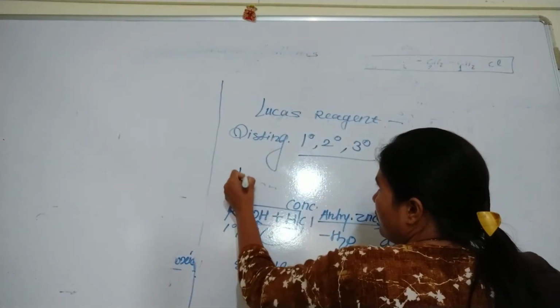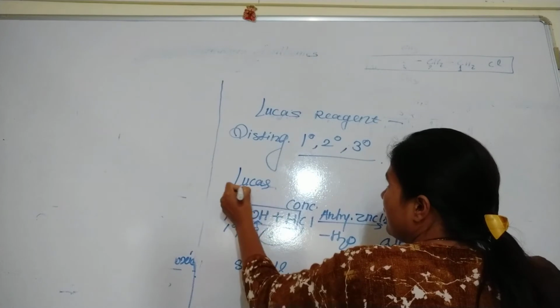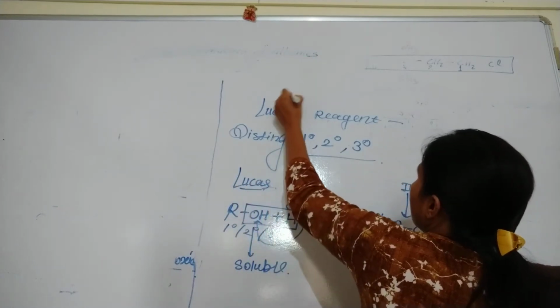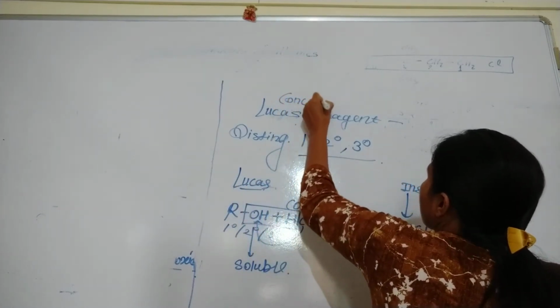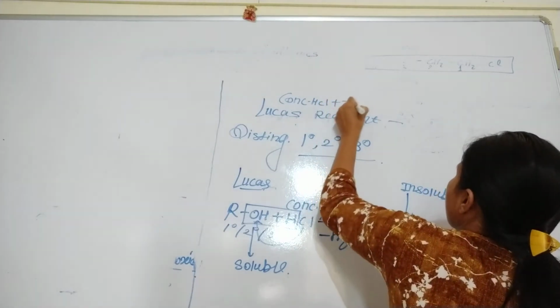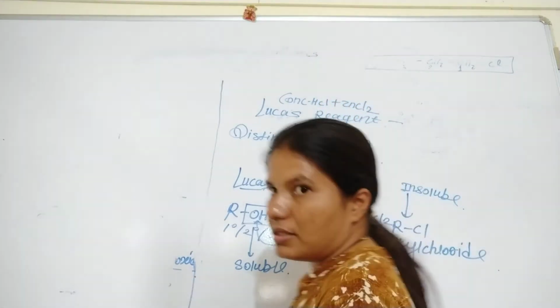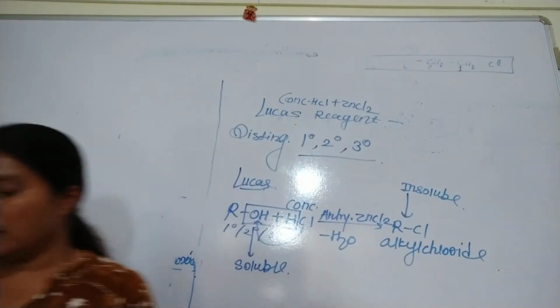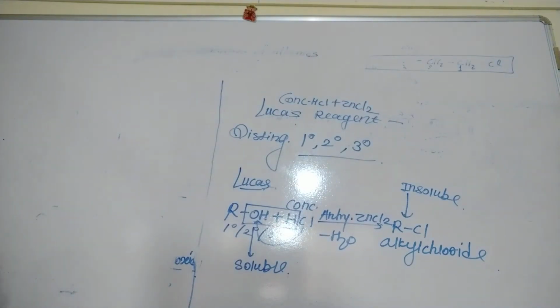I already told you what Lucas reagent is. What is Lucas reagent? It is the mixture of concentrated HCl and anhydrous ZnCl2. This mixture is called Lucas reagent. Your alcohol is soluble in Lucas reagent, but the product, alkyl chloride, is not soluble in Lucas reagent.